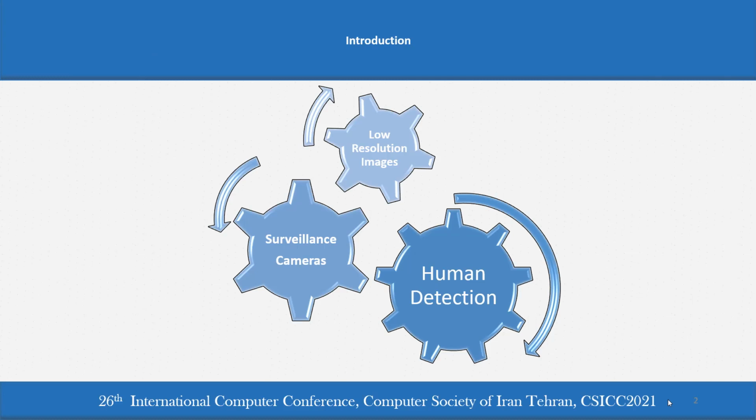Now, I'd like to talk about the importance of human detection and the challenges of it. Human detection in static images or video sequences has a key role in surveillance and security systems due to its importance in human identification, activity recognition, and crowded scenes analysis.